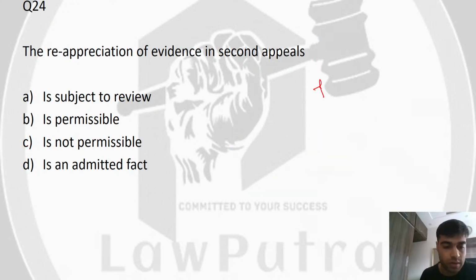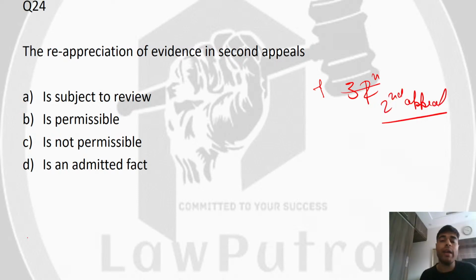Then against first appeal also an appeal lies, and that is known as second appeal. So it says whether appreciation of evidence appeals or not. So the answer is it is not permissible actually, and we'll explain you why.